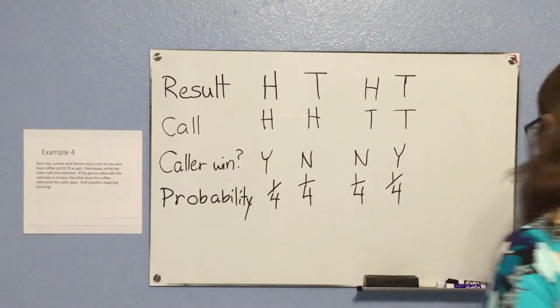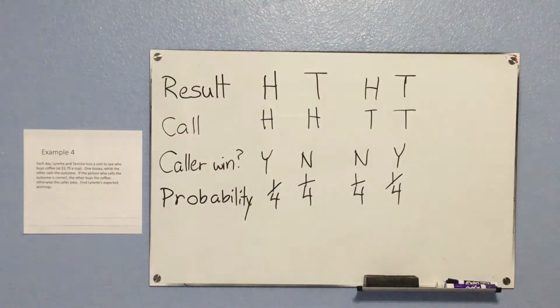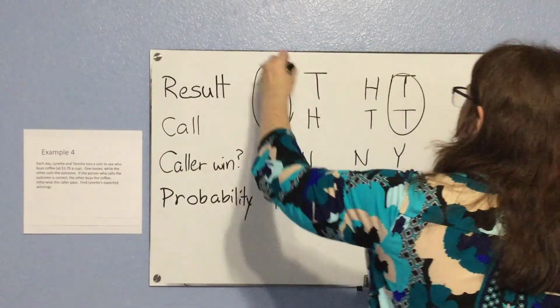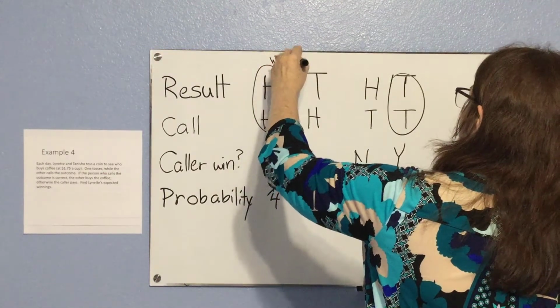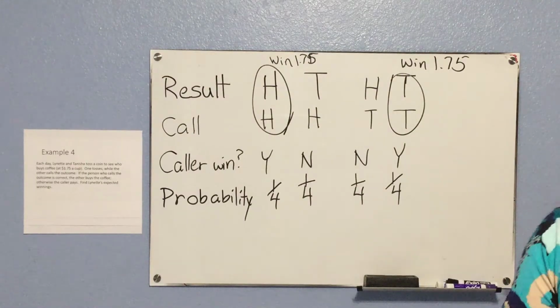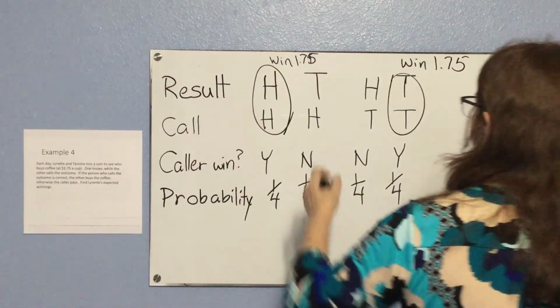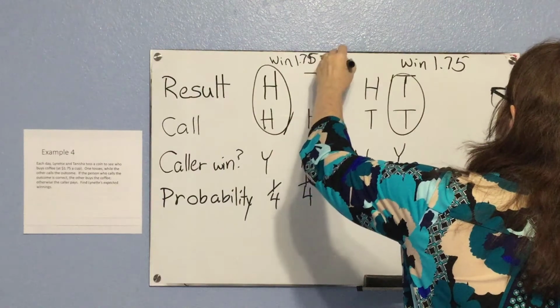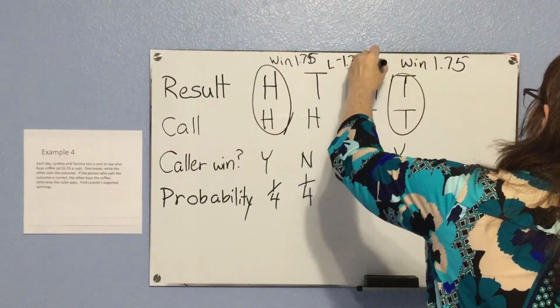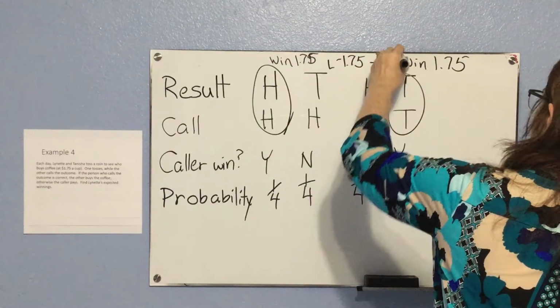As Lynette wins a $1.75 cup of coffee anytime the results and the calls match. So this and this would be wins. You win $1.75. Okay, she loses $1.75 if they don't match. So here we're going to lose, so we'll say negative $1.75. And here negative $1.75.